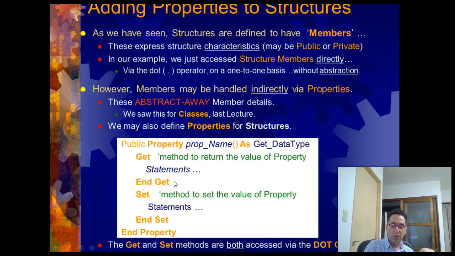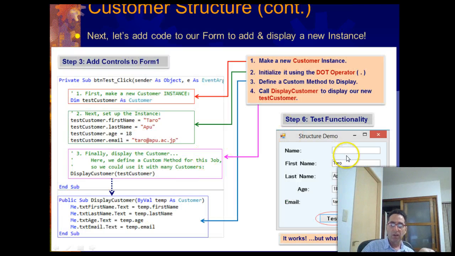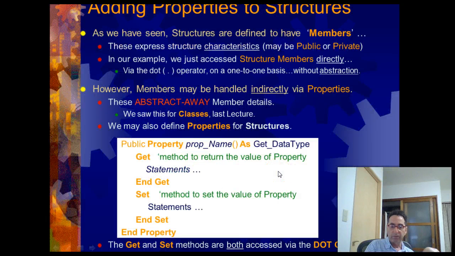Now, in this example, we're not going to have a set method, but we are going to have a get method, and this approach will prevent, first of all, you can't access the name property directly with the dot notation. That's one thing. And also you can't even set it. It's only going to be set by way of the first name and last name being set here. The get and set methods are both accessed via the dot operator.